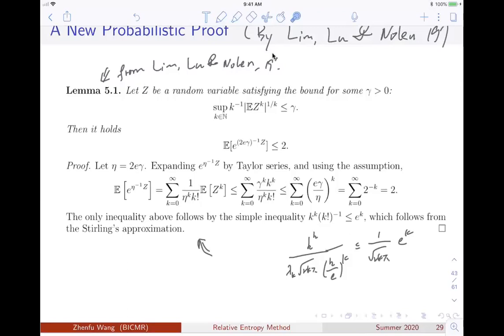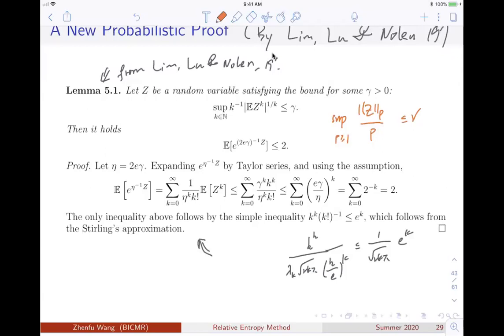So what does this say? It says that if you can control the supremum of the P norm over P being less than gamma, this assumption is just that the P norm of a random variable grows at most linearly.